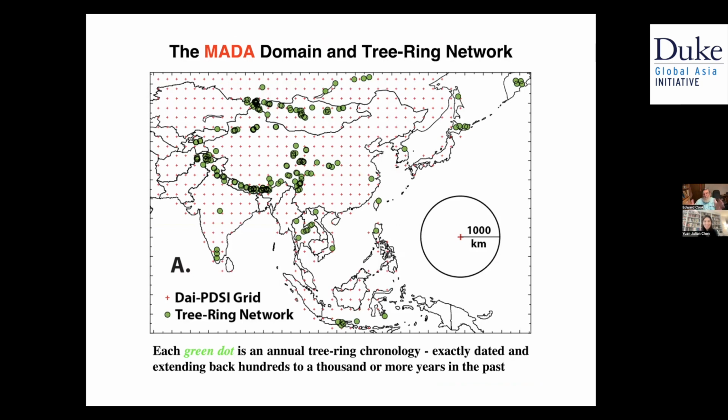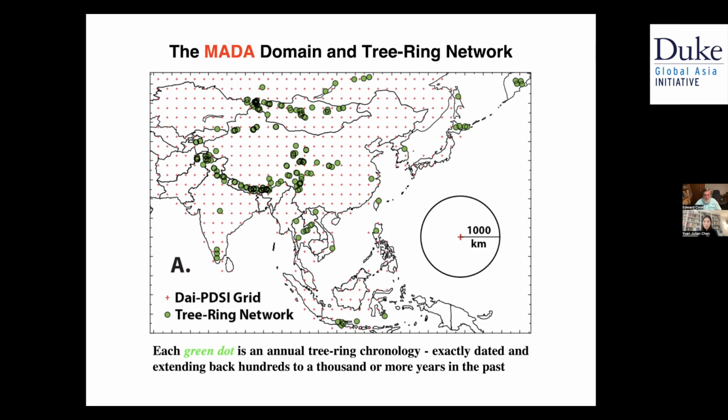And here's a map. This shows a grid of Palmer Drought Severity Indices that I reconstructed. The red little crosses there, and the green filled circles, are tree ring sites developed over Monsoon Asia. Not all of them were developed by the Lamont Tree Ring Lab, I should say. Dendrochronologists tend to be very collaborative, and oftentimes work done by others would be beneficial for the work we were doing.